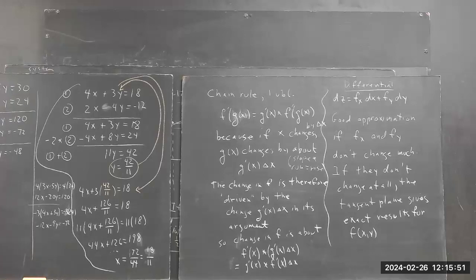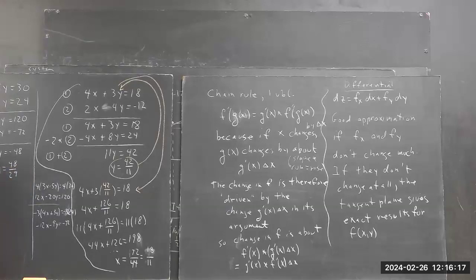So again, 4 times 3 is 12, 4 times -5 is -20, 4 times 30 is 120, -3 times 4 is -12, -3 times 3 is -9, -3 times 24 is -72. So I get y equals 48 over 29.